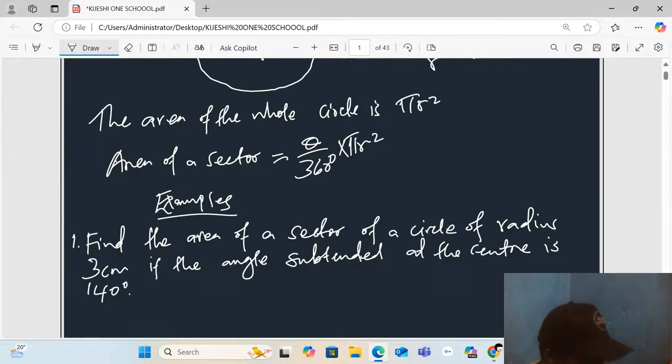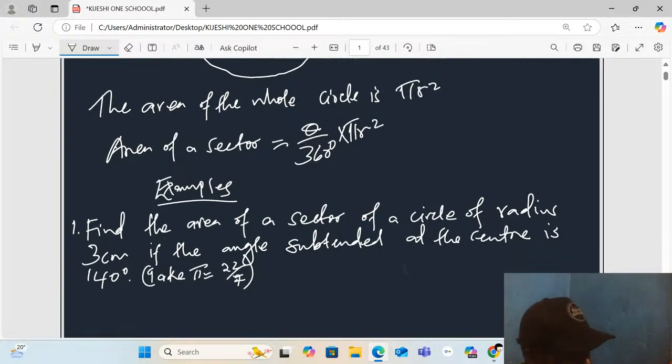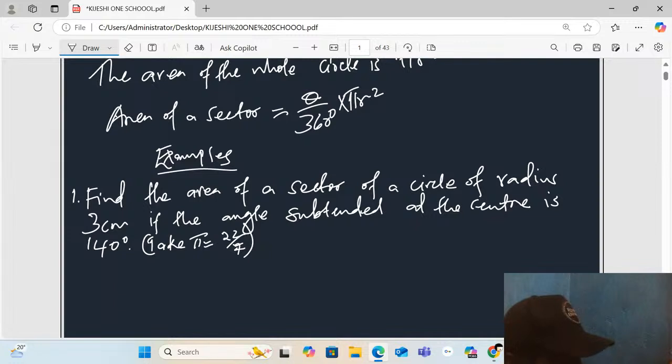Now we are asked to take pi as 22/7. So the question is easy. It is asking us to find the area of a sector which has a radius of 3 centimeters and subtends an angle of 140 degrees.